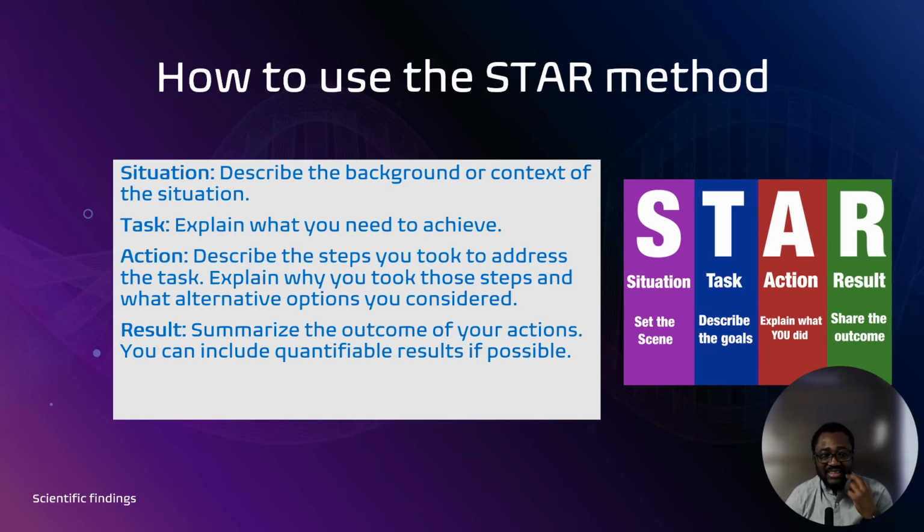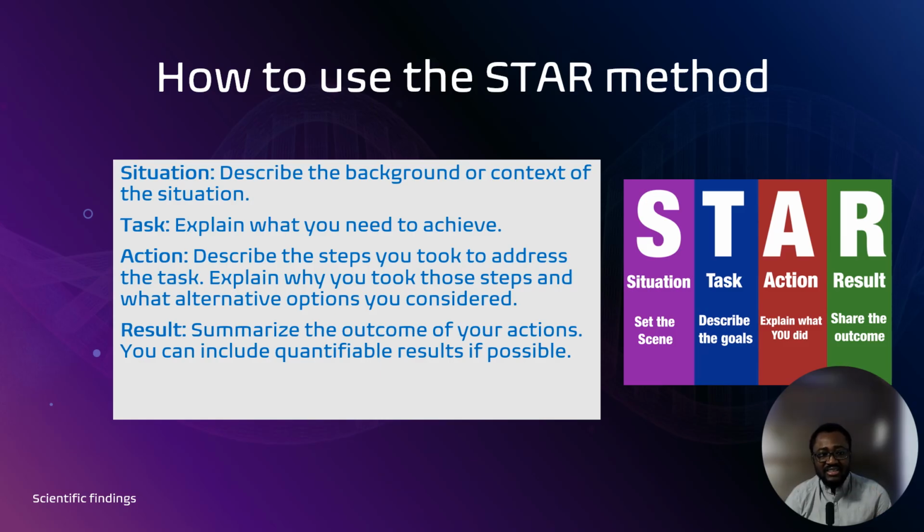So the S in STAR is the situation. What you're doing here is simply describing the background or context of what was asked of you, or what you want to use to answer the question.